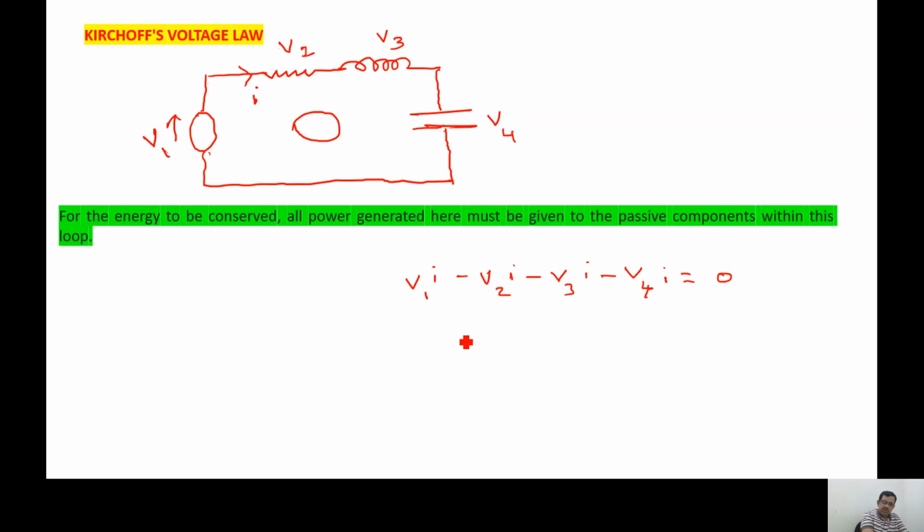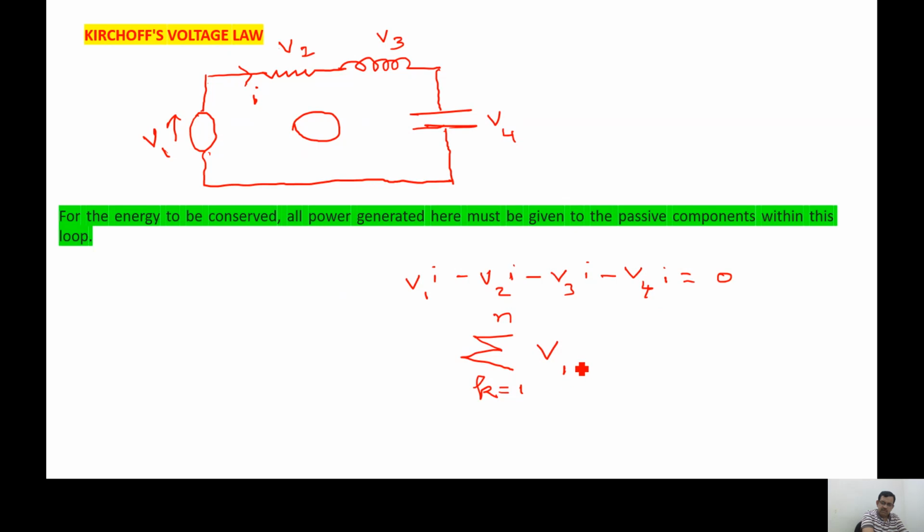Okay, so we can simply write this in an alternate simple form by using summation notation. Let us say if I have a number of components in the circuit, including the source, I can write this below. All the I's get cancelled because that is common.